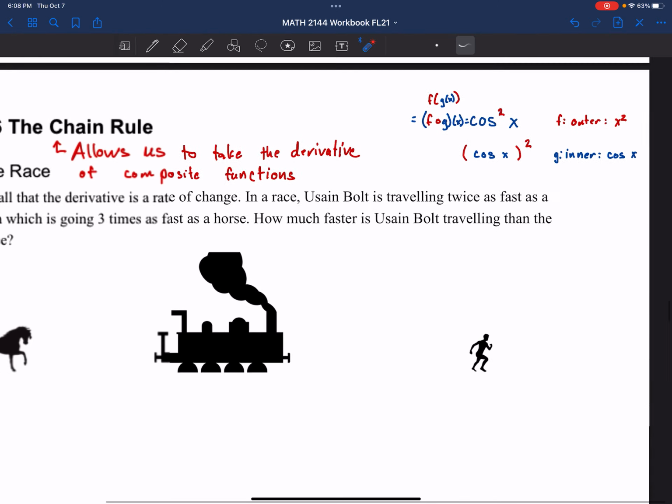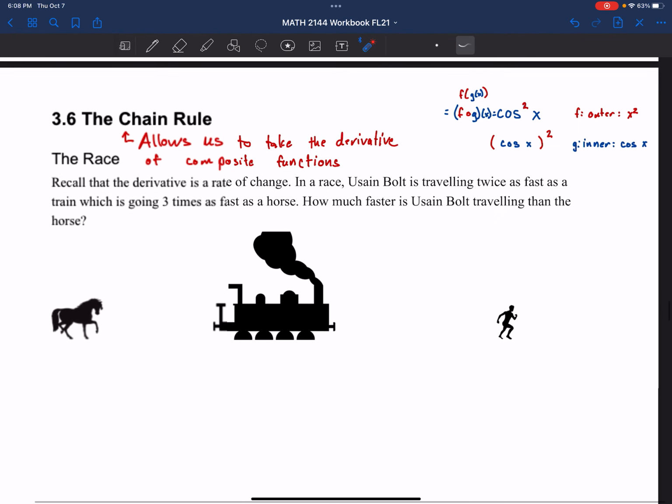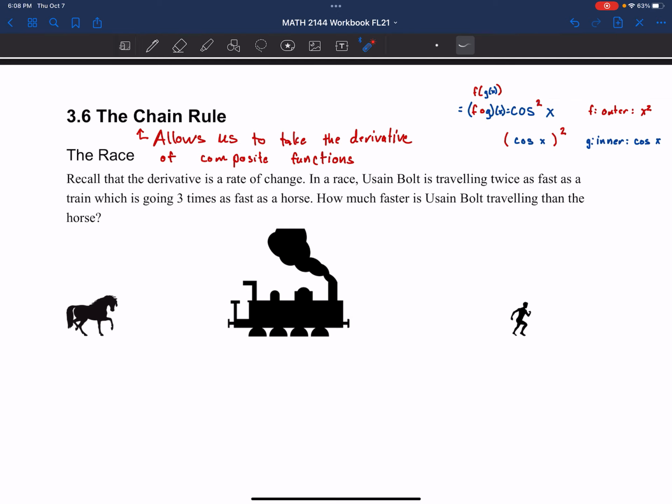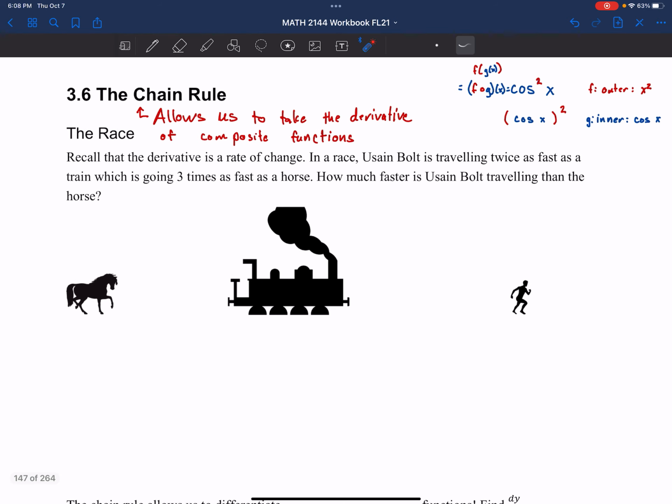Let's go ahead and start building the intuition about how the chain rule works and how it is related to multiple functions. So we have this fun little scenario right here, a race. Recall that the derivative is a rate of change. In a race, Usain Bolt is traveling twice as fast as a train, which is going 3 times as fast as a horse.